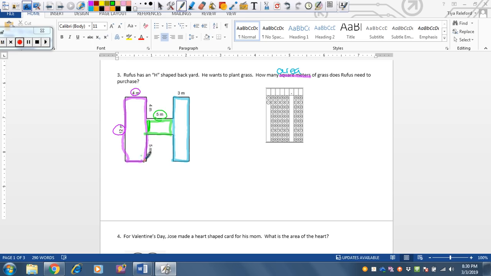Well, this whole side is 12. And this side is 4 and this side is 5. So whatever this is, that's your measurement for that side.